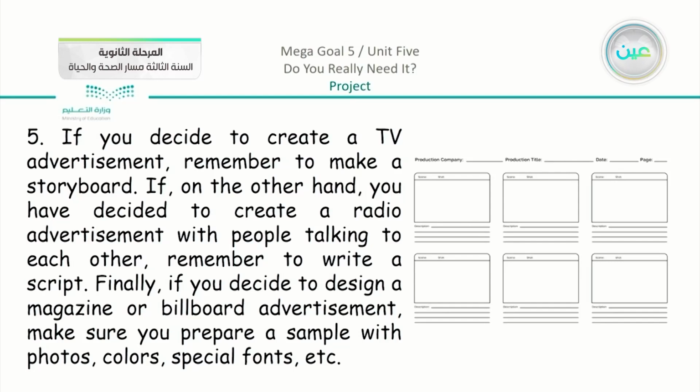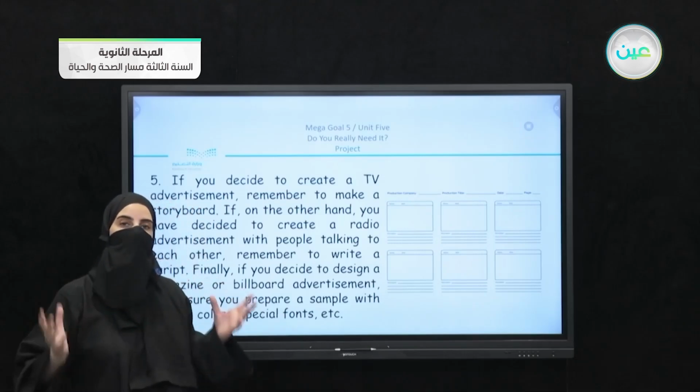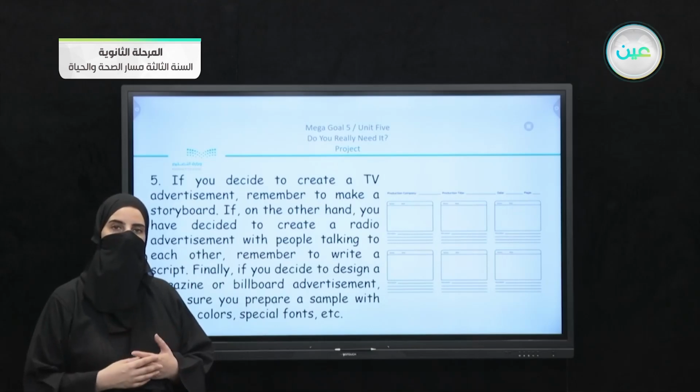Now you can see here in number 5, if you decide to create a TV advertisement, remember to make a storyboard. Now, do you remember when we took this type of storyboard in Unit 4? We had our project to create a complete storyboard about a kind of movie or genre.